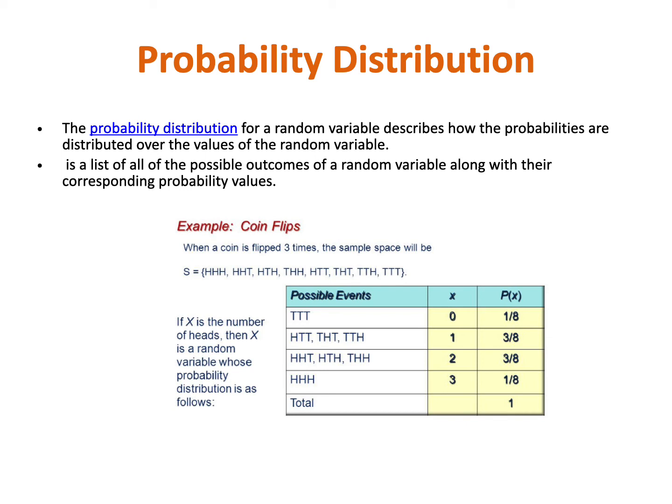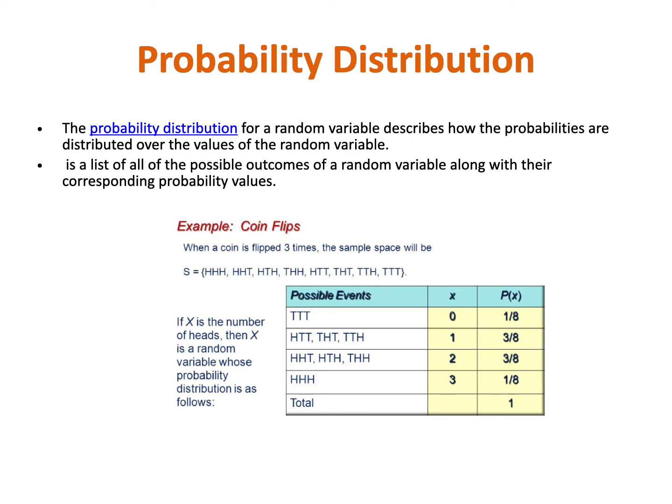The sample space S will have a total of 8 combinations. The random variable X is the number of heads, as we discussed before, and P(x) gives us the probability of occurrence of that value of the random variable.